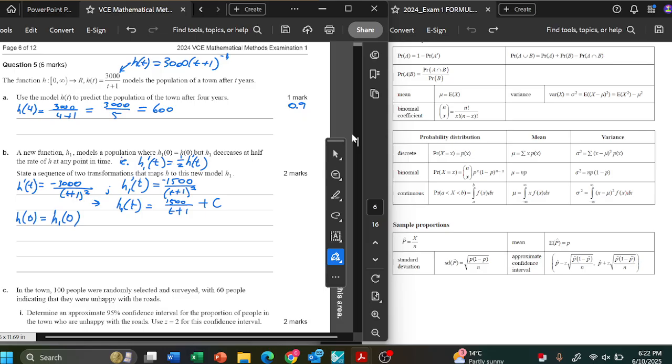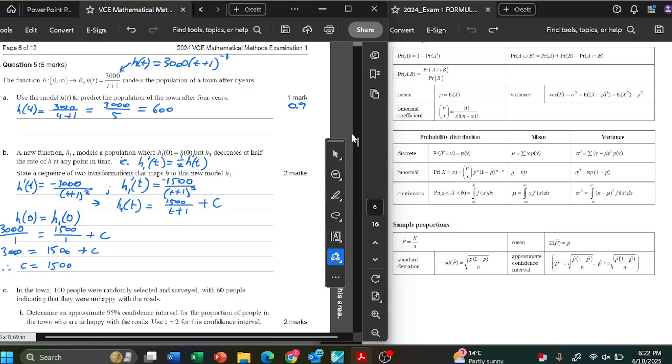So what do we know about h0? h0 is simply going to be equal to 3,000 over 0 plus 1, so that's 3,000. That's going to be equal to 1,500 over 1 plus c. So in other words, 3,000 is equal to 1,500 plus c, or in other words, c is equal to 1,500.